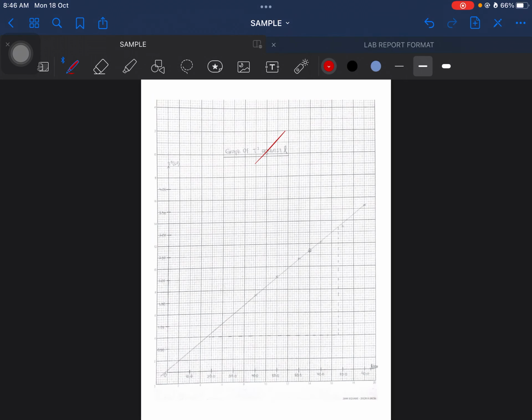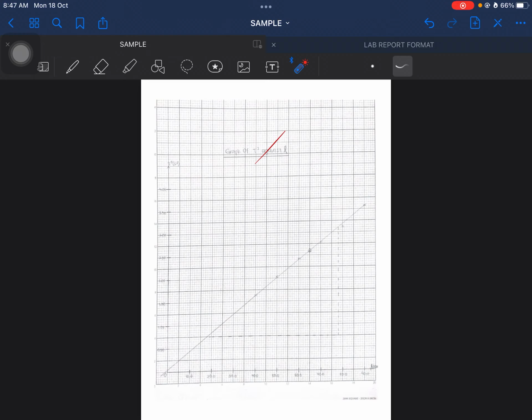If we look at this, I can't really see if the graph is more than 50%, because now you have cut it here. If possible you should give full, but based on this graph I can see that this is actually not more than 50% of the graph. If it's not more than 50% of the graph, you will lose marks. It won't be full marks.